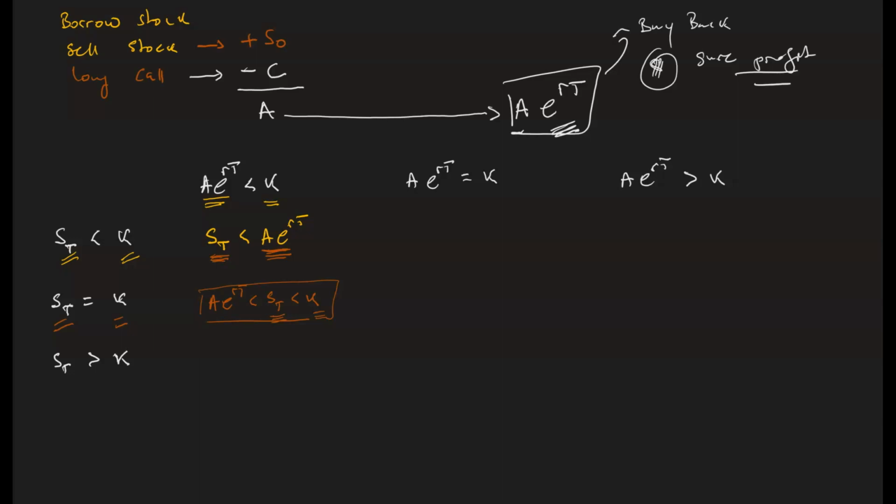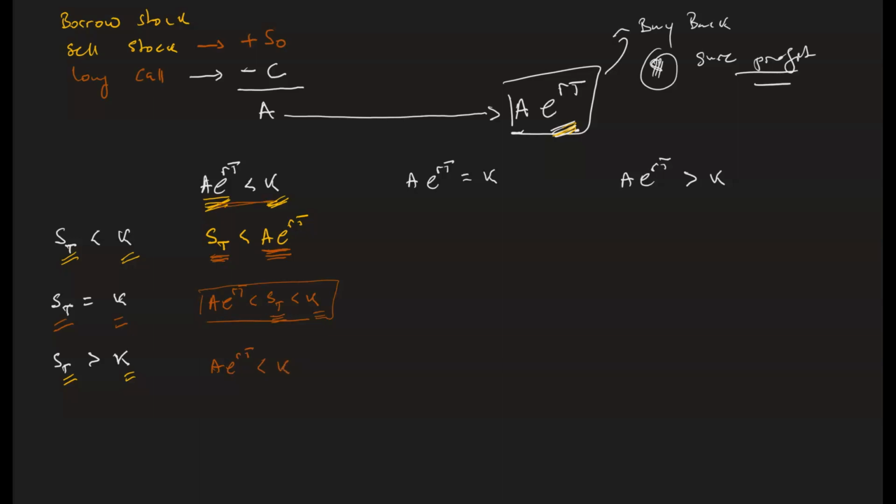Next, what we're going to look at is a scenario where we have the stock price that's higher than the strike price. Well, if the stock price is higher than the strike price and the strike price is higher than the future value of our account here at maturity, we're going to have A future value less than the strike price.